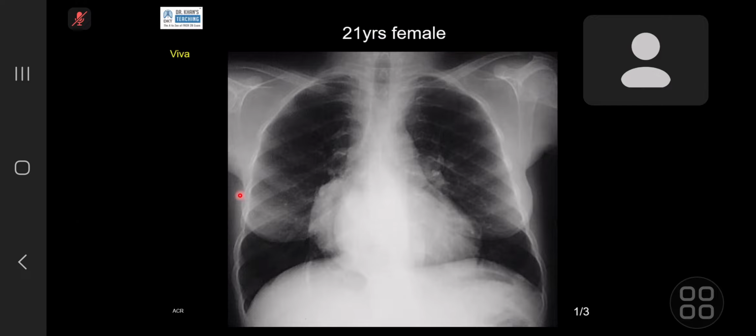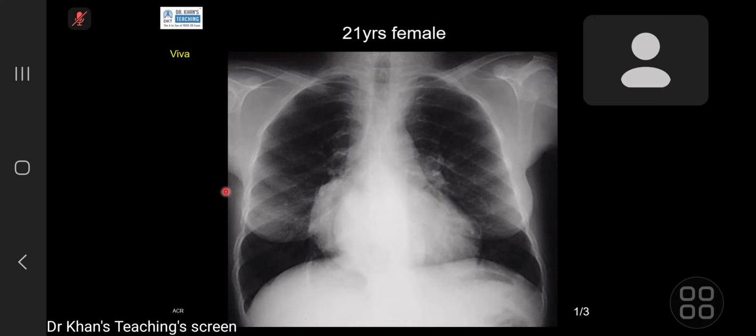I can see a widening of the mediastinum in the paravertebral region with paravertebral line obliteration. There is also expansion of the ribs.